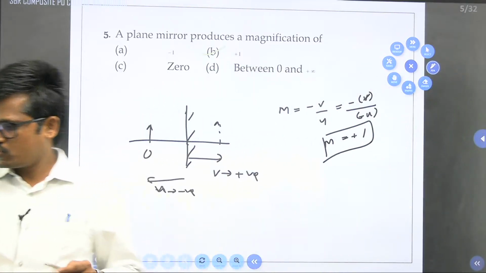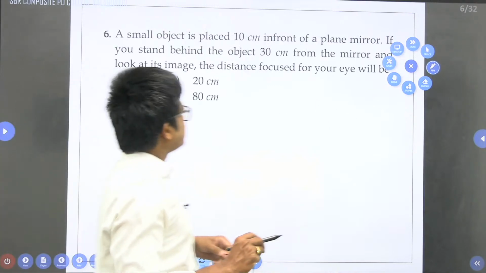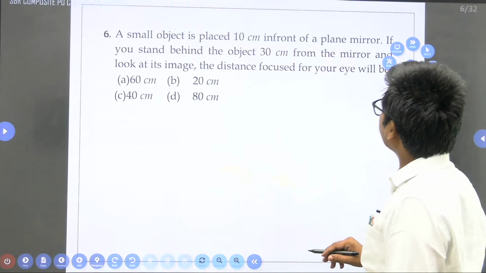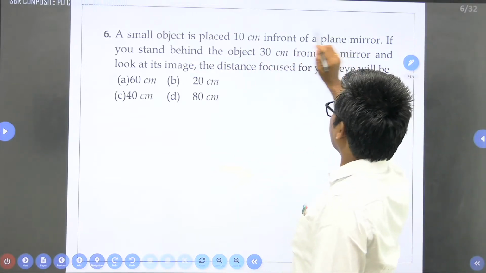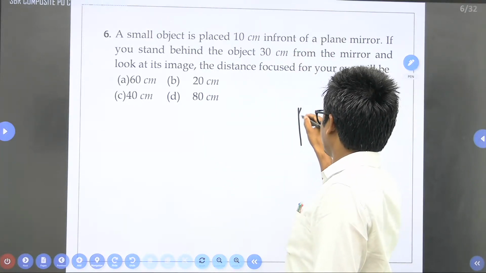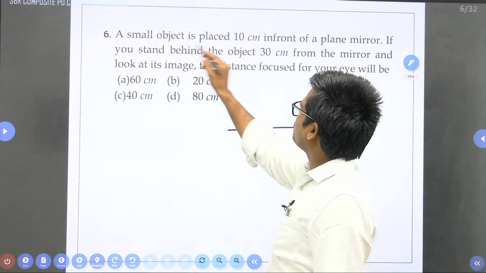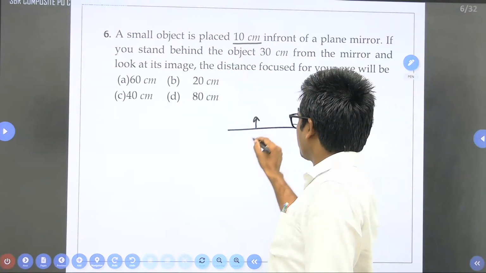Now, let me move on to the next one. A small object is placed 10 centimeter in front of a plane mirror. Okay, here we have a plane mirror. Somewhere here the object is placed.